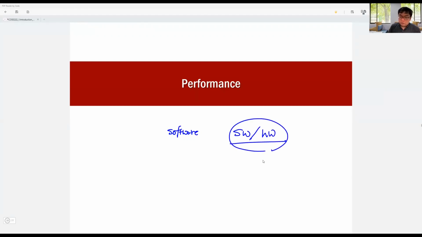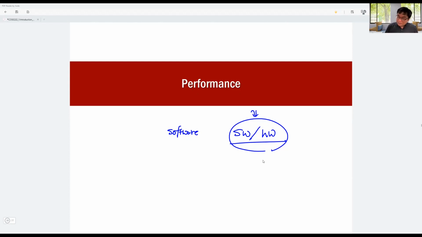So we need to consider both software and hardware to measure the performance of computer systems. If the hardware performance is not good, then the performance of the entire computer system will not be good.